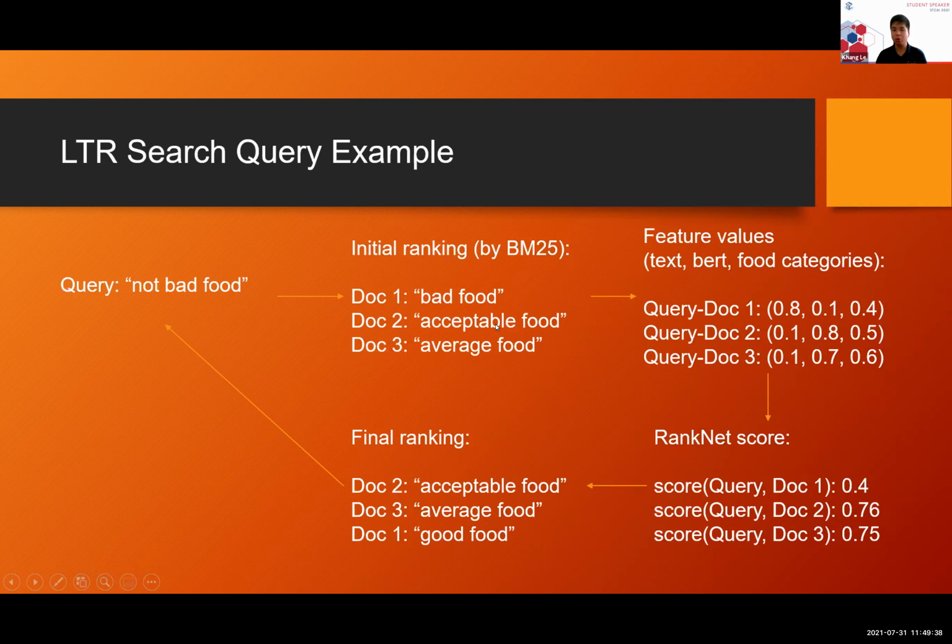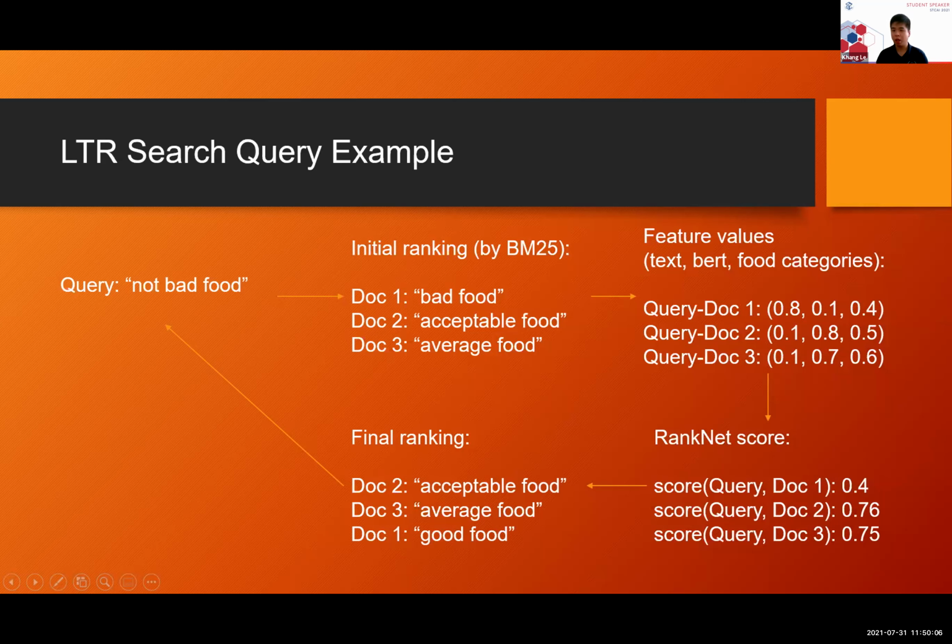From the initial result, our search server will calculate the feature values, as you can see in this first step here. For you to better understand it, the first column corresponds to the textual similarity computed using BM25, whereas the second column here corresponds to the semantic similarity, which is computed by using BERT embedding in our system.